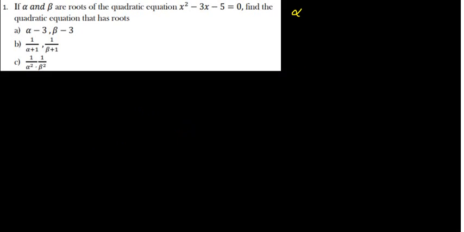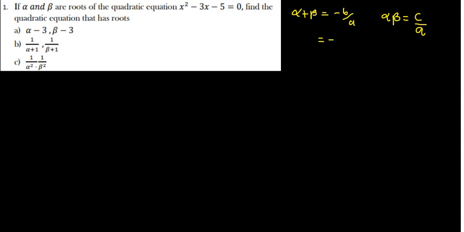So alpha plus beta is given by negative b over a, and alpha times beta is given by c over a. If we look at the function x squared minus 3x minus 5, b is the number in front of x.